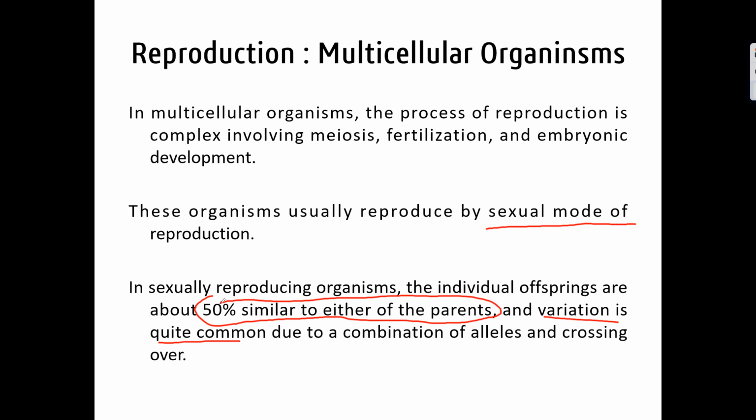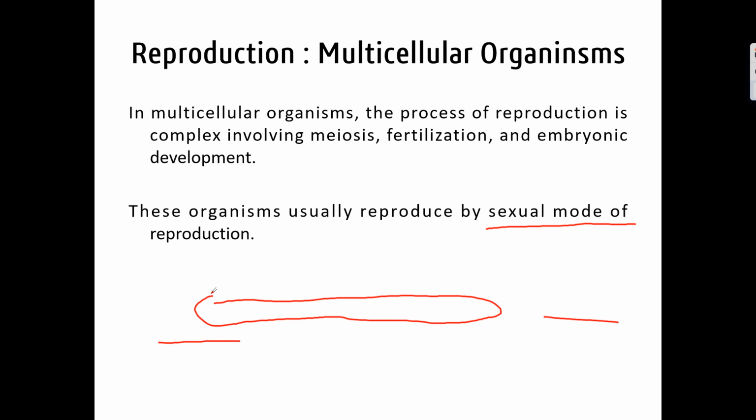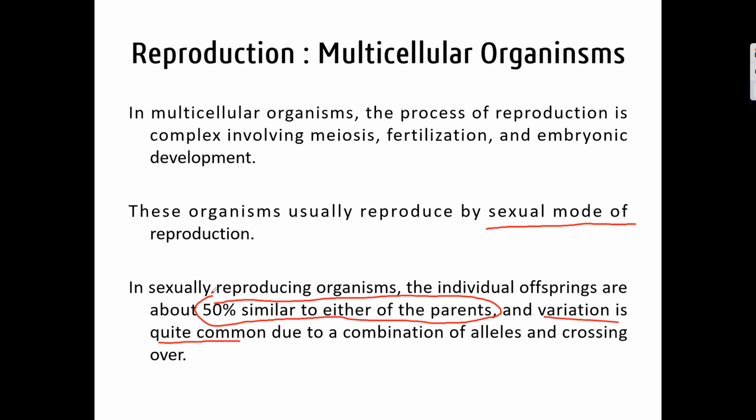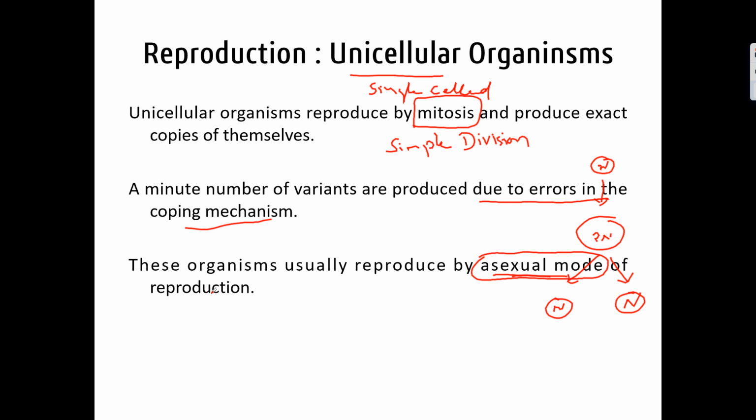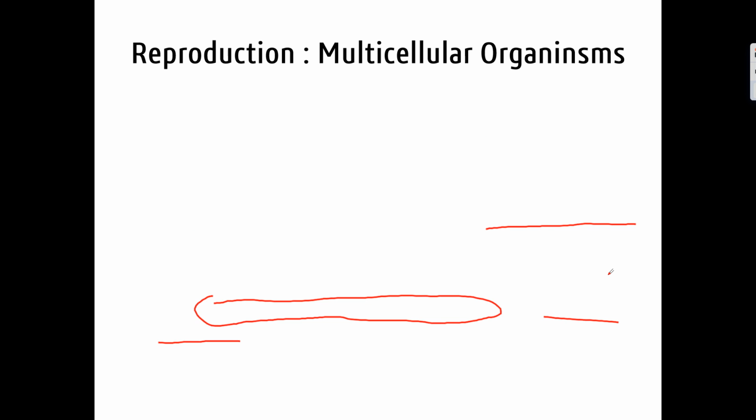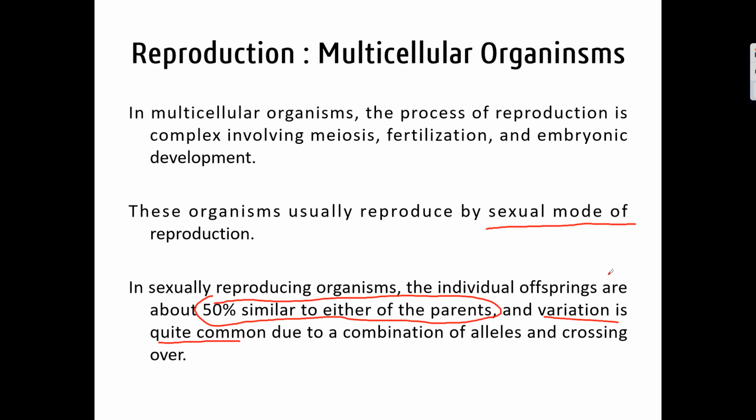If you remember the previous slide, only one parent is there, and from this parent the DNA gets doubled and is distributed. But in this case, both the parents contribute genetic material to the new daughter organism. That is the reason there will be a combination of alleles. Because of the combination of alleles, there will be a change in the phenotype.